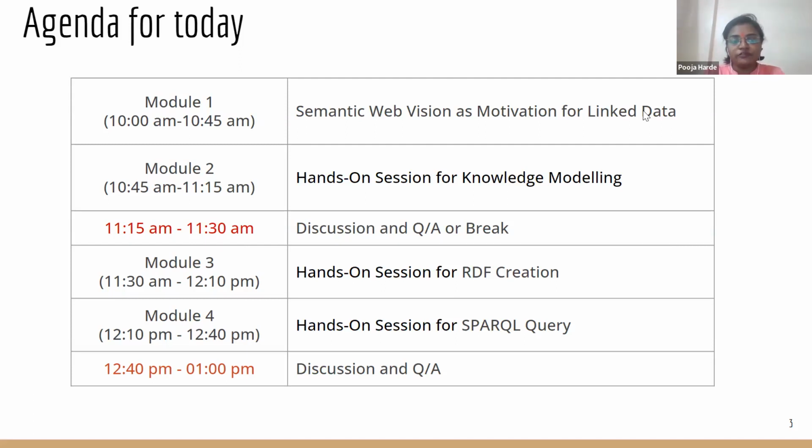After these two modules, there will be a short 15-minute break, or a discussion and Q&A if anyone has doubts. In the third module we will talk about RDF creation, meaning how we create linked data, and we will see a demo of the same.